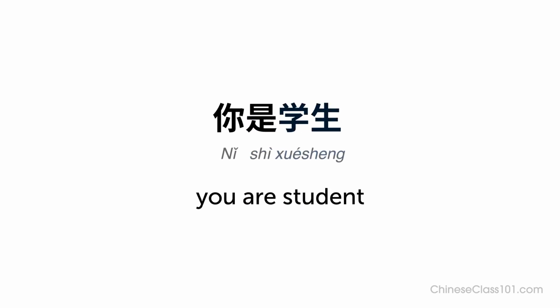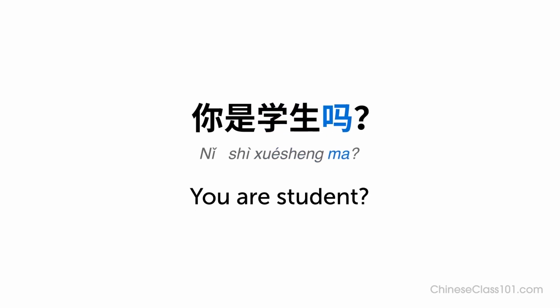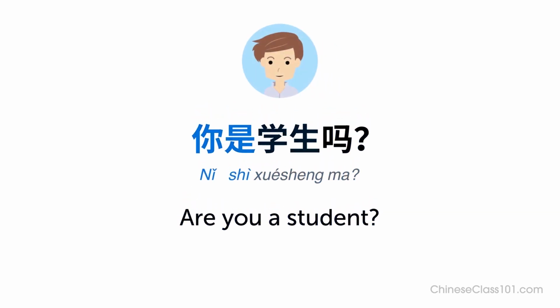After this is 学生, student. Last is 吗, this is a question marking particle. This particle turns the sentence into a question. Altogether, it's 你是学生吗, literally, you are student, but it translates as, are you a student? Remember this question. You'll hear it again later.